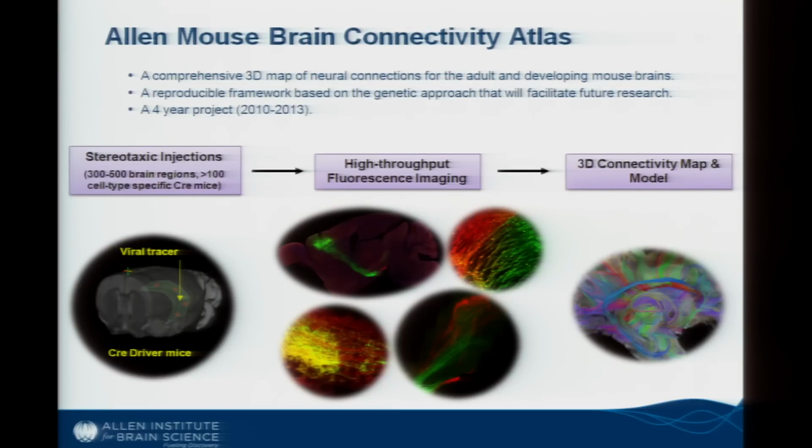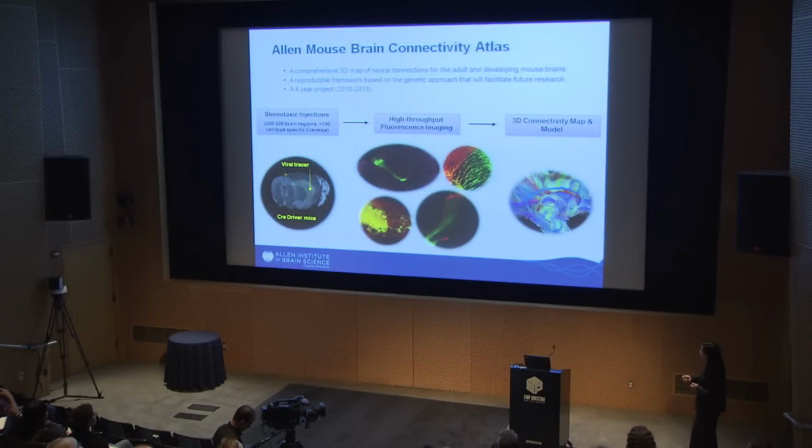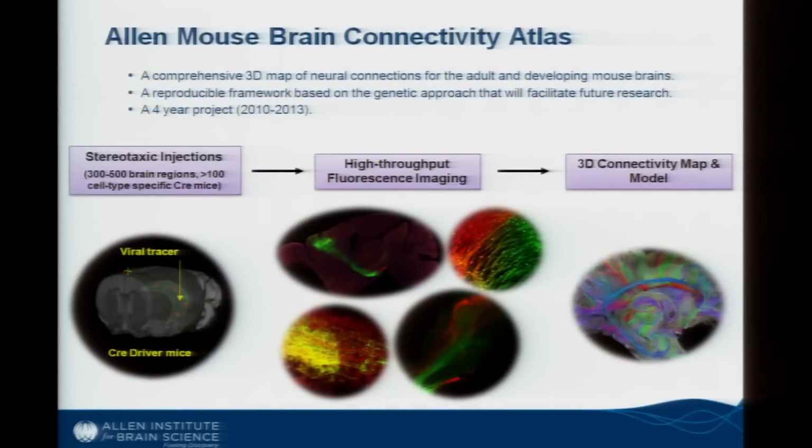So the pipeline conceptually is quite simple. Stereotaxic injections of the viral tracer into a particular brain region. And then the viral tracer can express fluorescent proteins at a very, very high level, which affords a high-throughput fluorescent scanning process that can capture the axonal projection information throughout the entire brain in a systematic way.